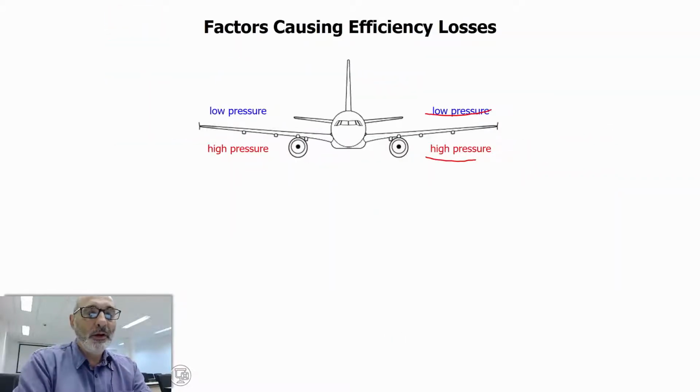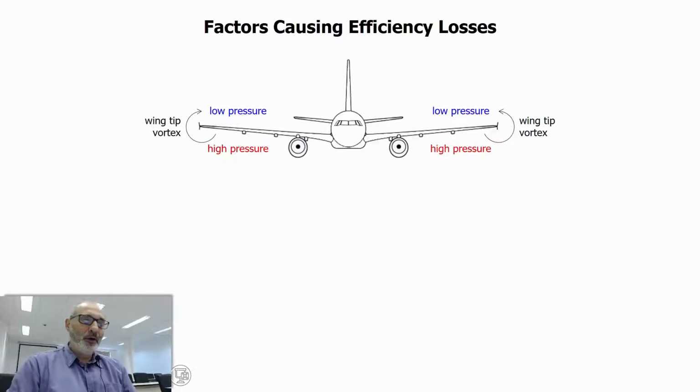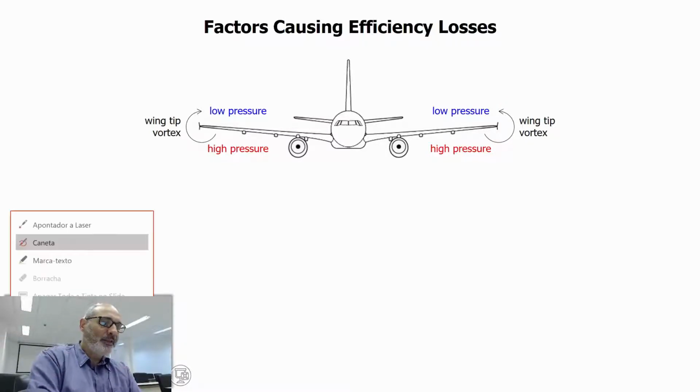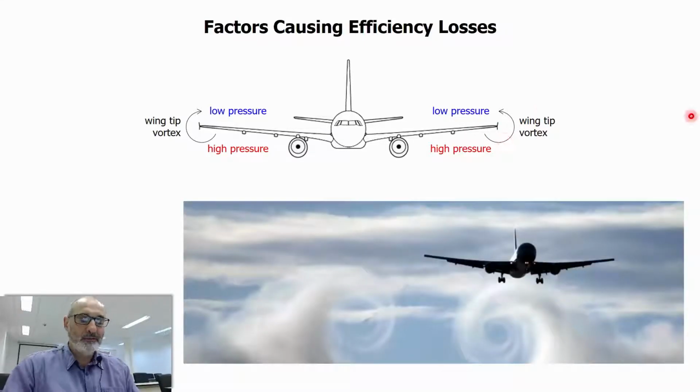So high pressure here, low pressure at the wing tip, what's going to happen? The fluid is going to move from the high pressure region to the low pressure region, forming what we call wingtip vortexes. These vortexes consume energy because energy is used to create this circular movement. This is a very common phenomenon in airplanes, and it's very easy to see when an airplane passes.